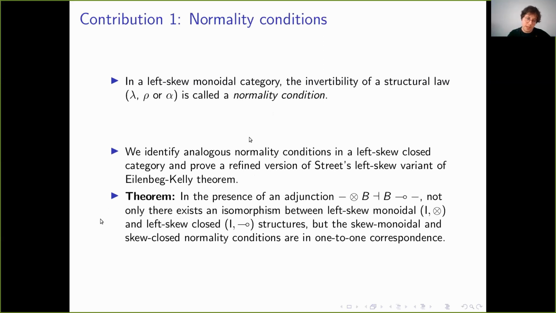More precisely, we have this theorem: in the presence of an adjunction, as before, not only is there an isomorphism between the left-skew monoidal and the left-skew closed structures, but now the skew monoidal and the skew closed normality conditions also correspond.